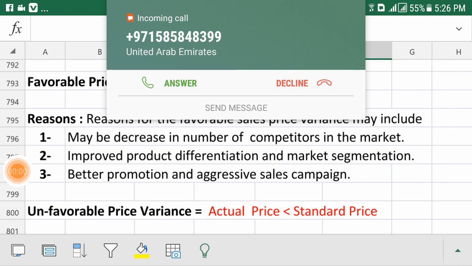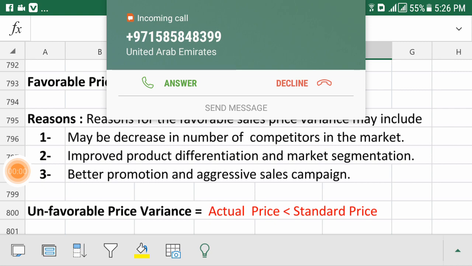Maybe a decrease in the number of competitors in the market. If the competitors decrease, then definitely your product price can increase and you will sell more quantity. Improved product differentiation and market segmentation: if you are doing marketing, you will improve the quality and differentiation of the product, and the market segment as well.